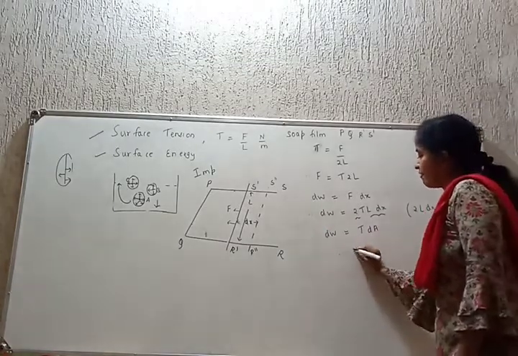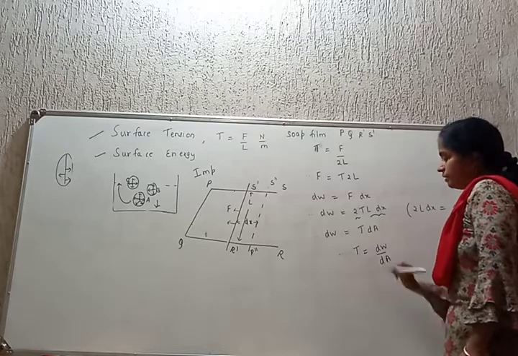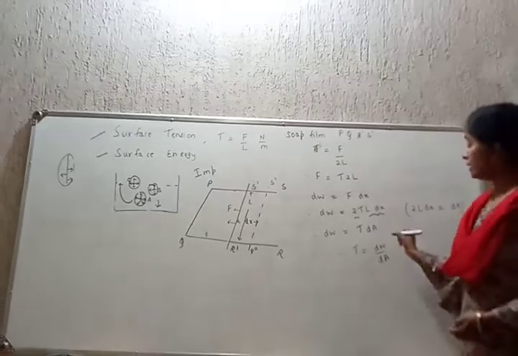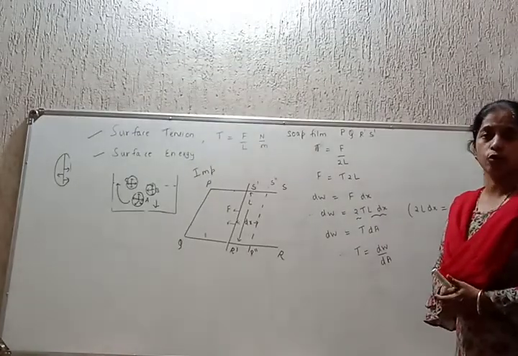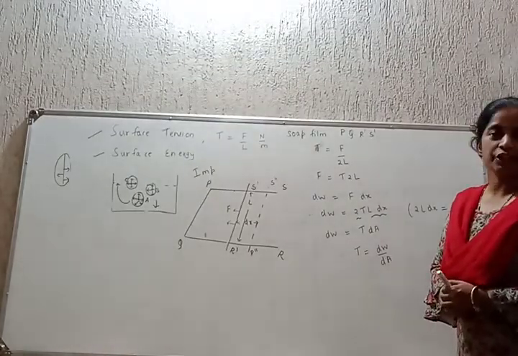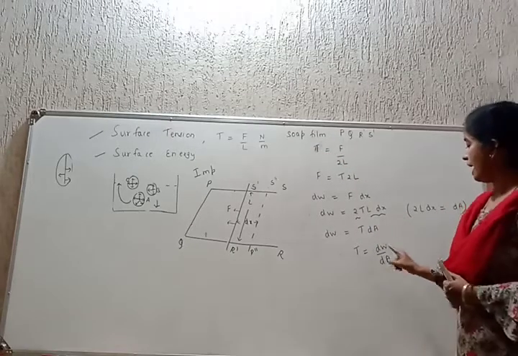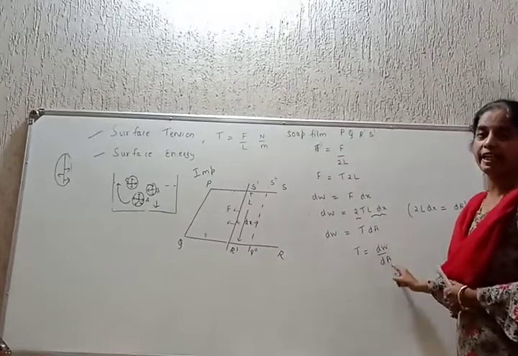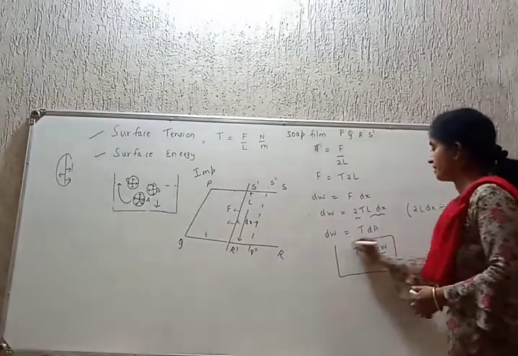Therefore, surface tension is what? Work done upon dA. Work done against the force is stored in the form of potential energy, which is called surface energy, and surface energy upon area is nothing but surface tension.